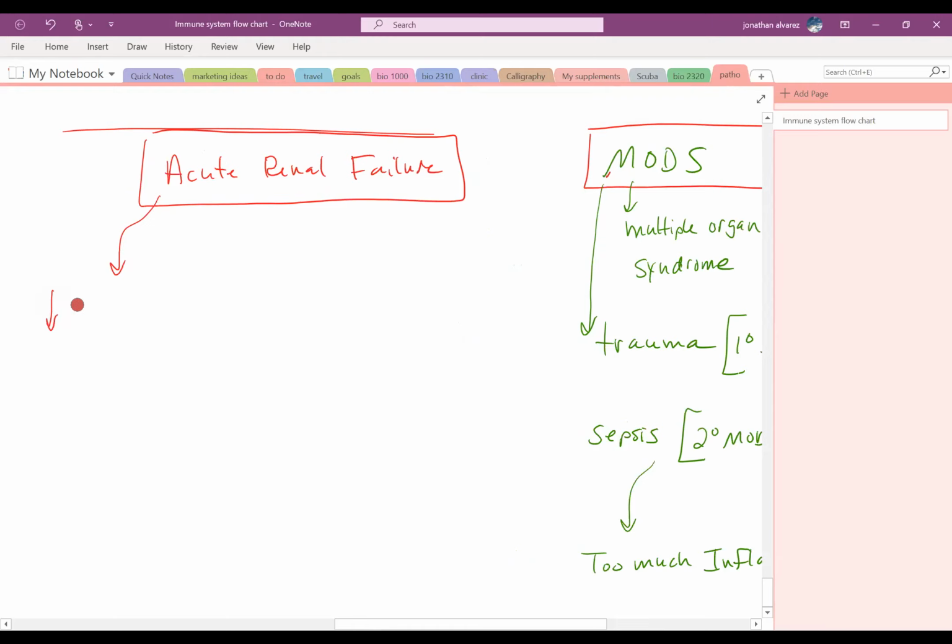You have decreased fluid through the kidneys, and this is because of vasoconstriction in the kidneys.